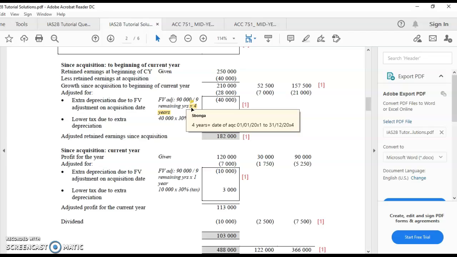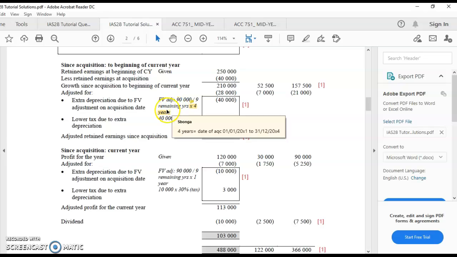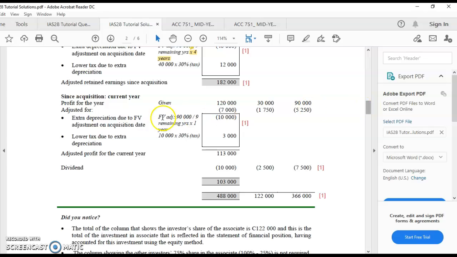Because this portion relates to since acquisition up to the beginning of the current year, so the 4 years will be from the 1st of January 20x1 to the 31st of December 20x4. That will be 4 years of depreciation, and then you adjust for the lower tax due to the depreciation, 40,000 times the tax rate. You get the net amount and then work out our portion. That is the adjustment due to the extra depreciation.